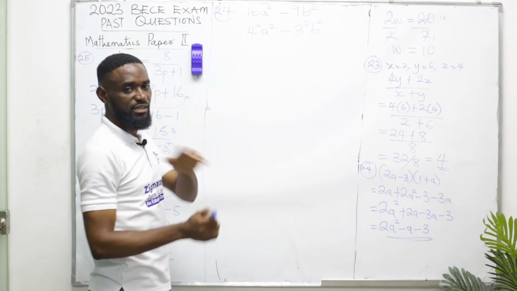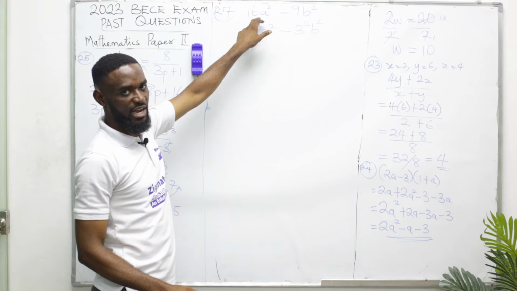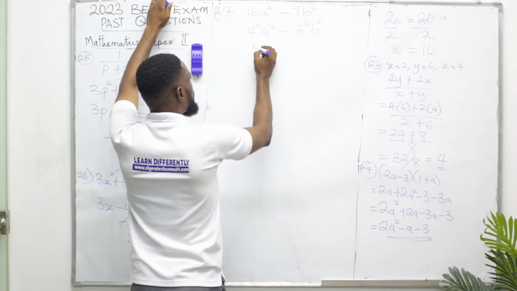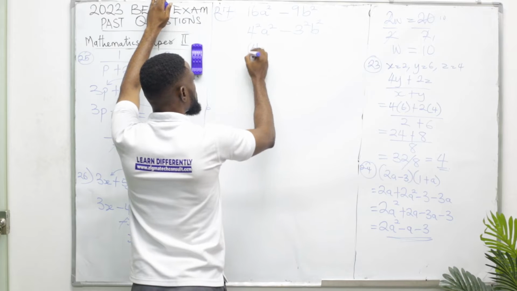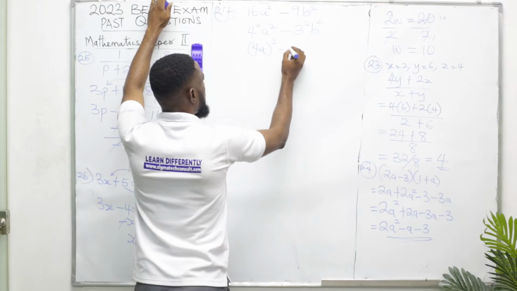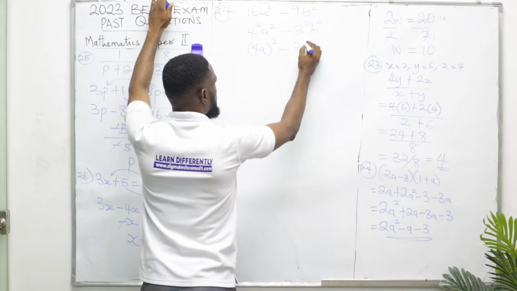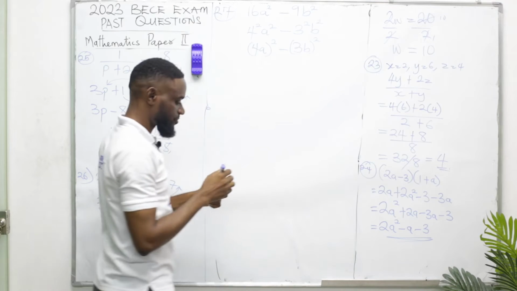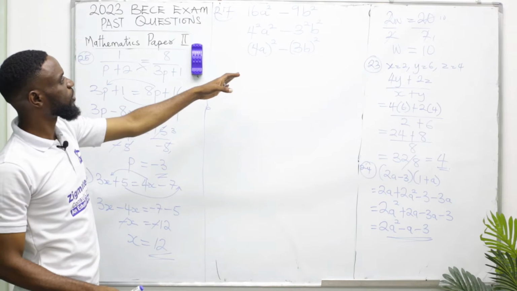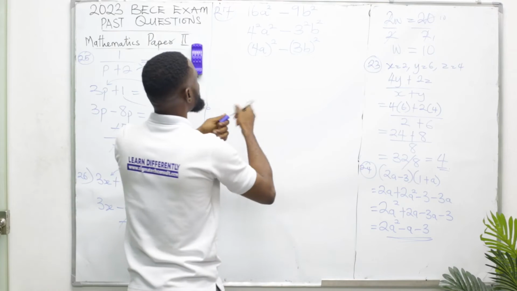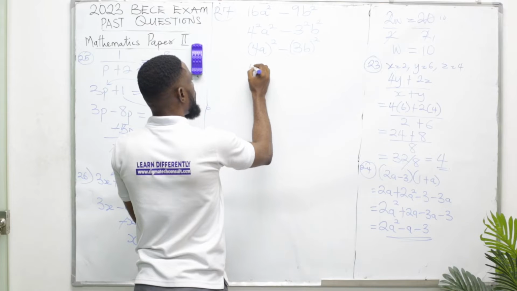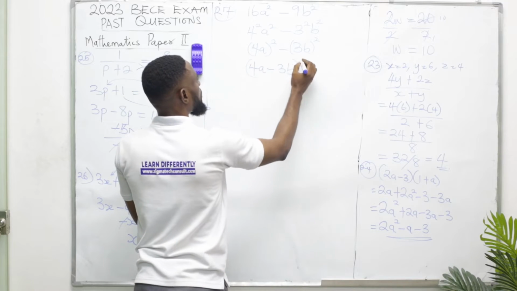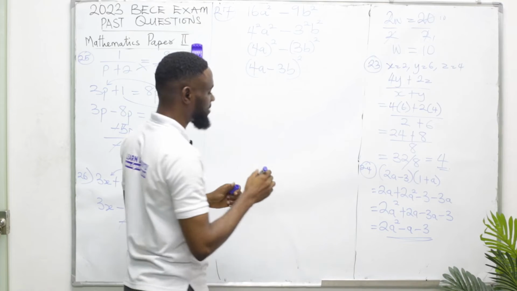So what we have here is the same thing as this, right? What that simply means is 4a squared minus 3b squared, right? So if we look at this, what this would simply mean is 4a minus 3b all squared, right?